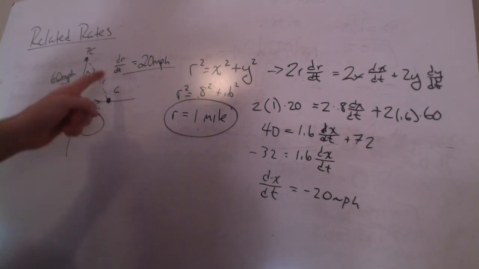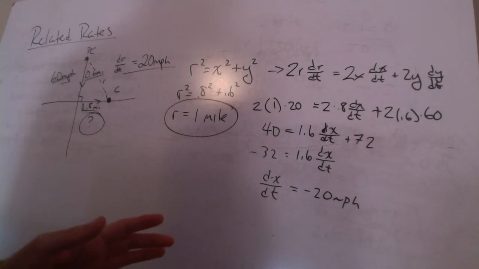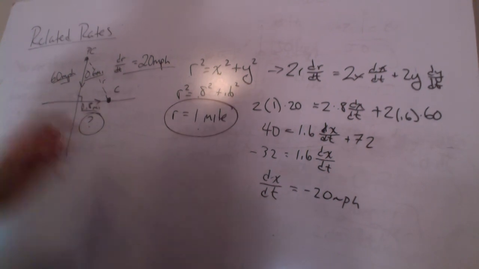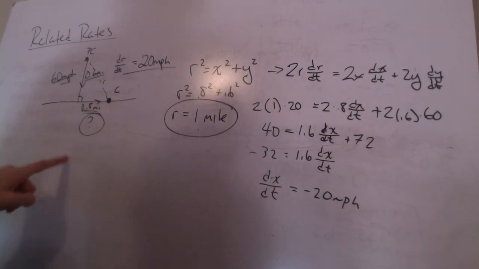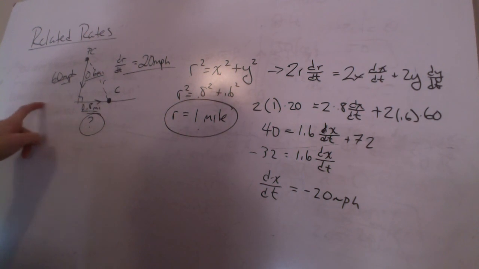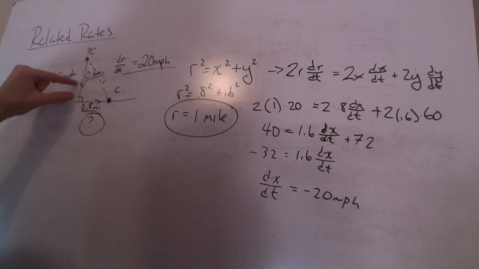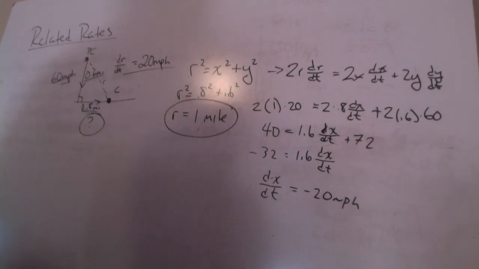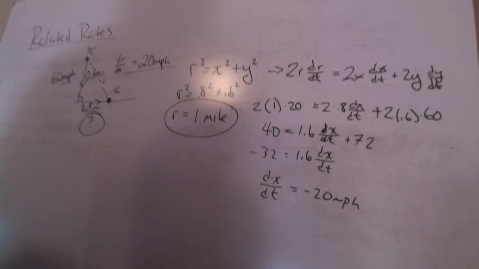Now, what have I overlooked is the question. Well, r is a distance, so r can never be negative, so that seems fine. But you'll notice that my police car is actually getting closer and closer to this intersection. It's moving down. So if I'm just concerned about the intersection and the distance away, this distance is shrinking. So that means the velocity here, since it's going down, should be a negative.